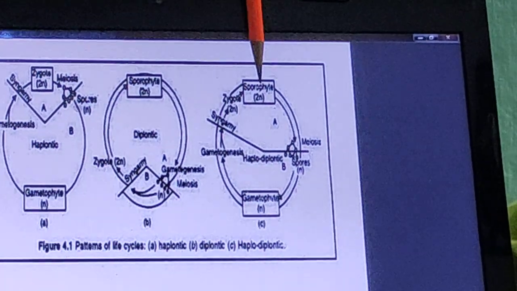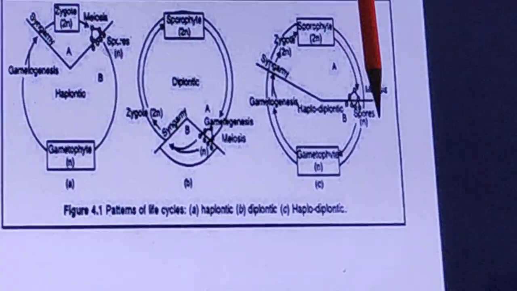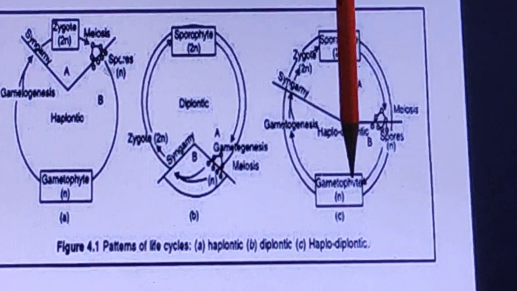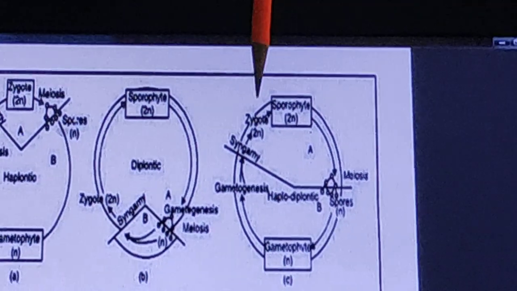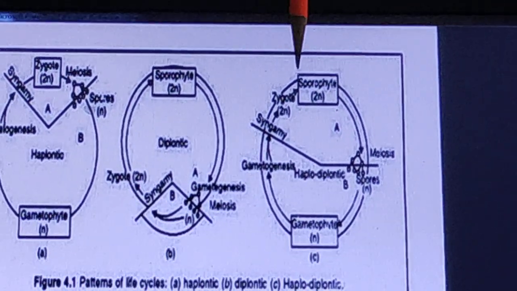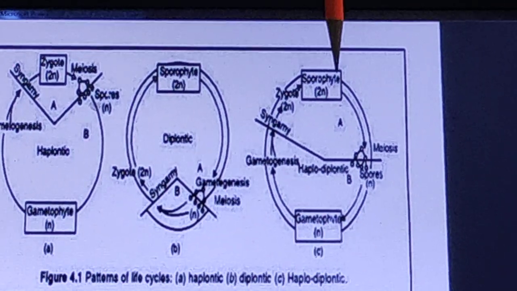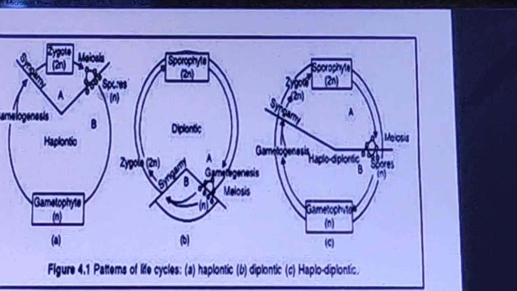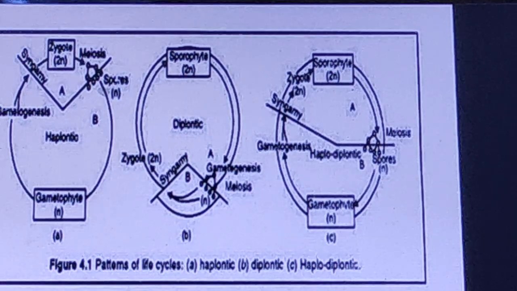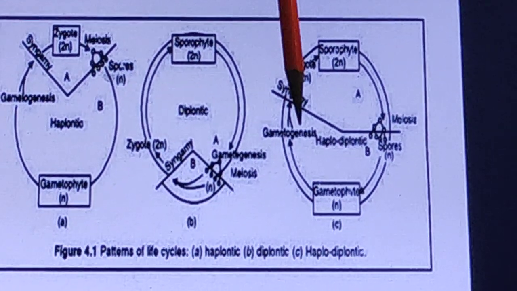mitosis to form sporophyte, which undergoes meiosis to produce the spores that develop the gametophyte. Right? So, in bryophyte, zygote undergoes repeated mitotic division to form sporophyte, which produces spores by meiosis to produce the main gametophyte.